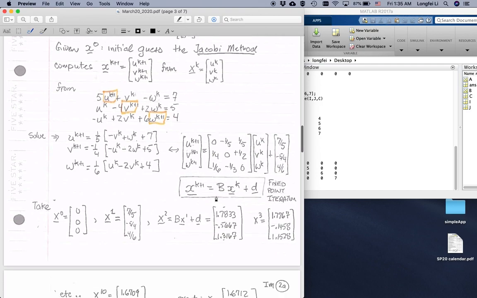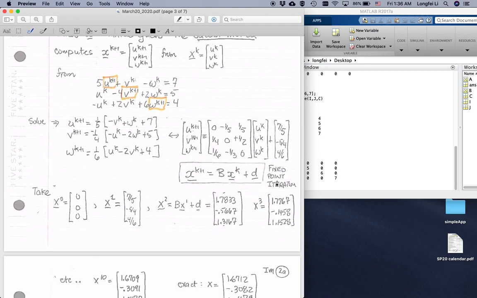So if we write it in matrix form, this is my solution at the k plus 1 step, equals matrix B times my solution at the k step, the older step, plus some vector. If you're familiar, this is a fixed point iteration, right? So x equals g(x), right? This is my g(x) function, the fixed point function, but a vector valued function here.